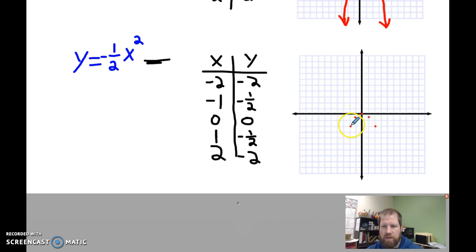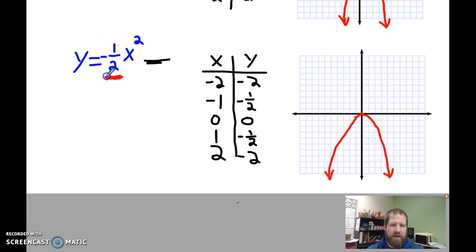We can see on this one, and if we plotted more points it would be a little clearer, that my parabola is more broad. It's not as narrow. That is because of that 1/2. It's opening downward because it's a negative, but it's wider because it is 1/2.